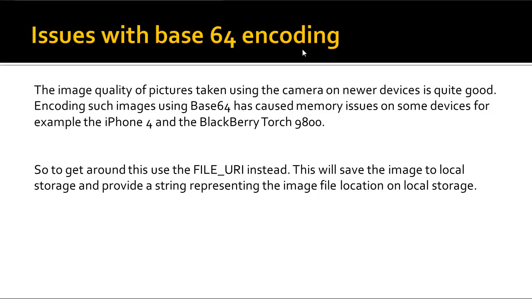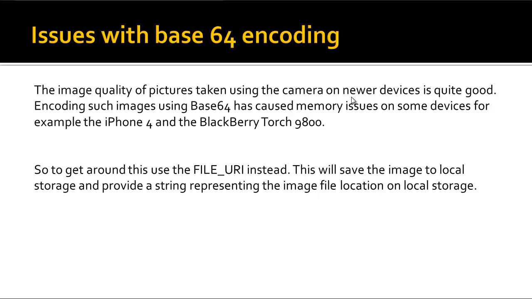The issue with it is that obviously newer devices are getting better cameras. Okay, they're getting like 8 megapixel cameras. Now encoding an image that is basically 8 megapixels is huge. It's still slow on this application, and this camera isn't exactly fantastic.